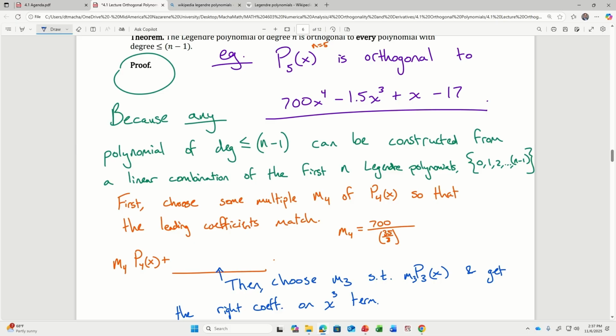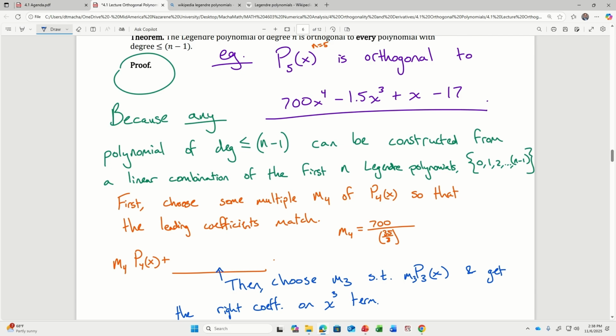Okay, in the next step, I would already have some kind of coefficient on an x squared term, but I want that coefficient to be 0, so I could choose the right multiple to add that multiple times the second degree Legendre polynomial to 0 it out, and then I would already have some coefficient on the x term, but I could correct that until the coefficient is the number 1 by adding some multiple of the first degree Legendre polynomial.